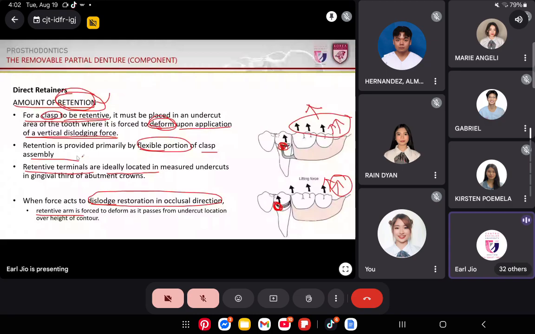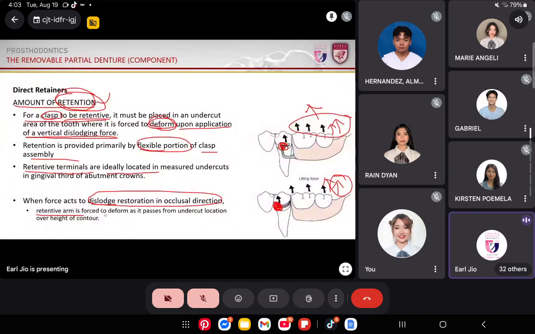Retention is provided primarily by the flexible portion of the clasp assembly. Of the whole retentive clasp arm, usually only the retentive clasp tip activates, because that is the only part engaged in the undercut. The retentive terminal, or clasp tip, is ideally located in a measured undercut in the gingival third of the abutment crown.